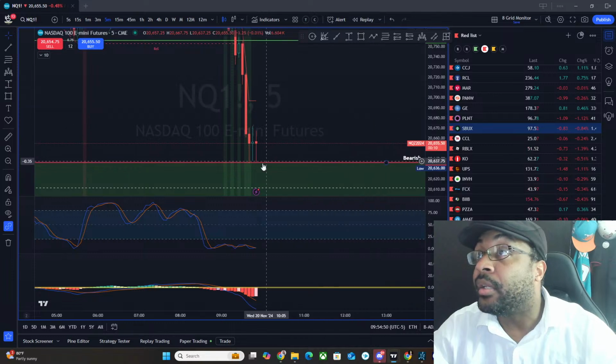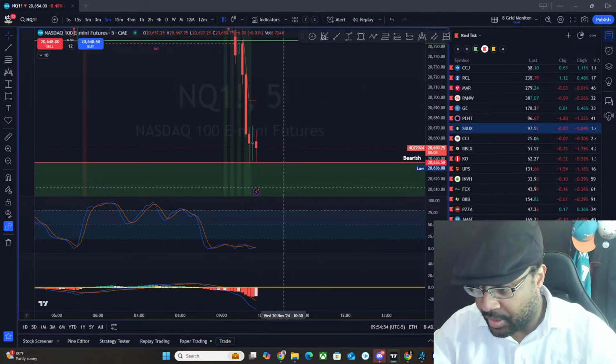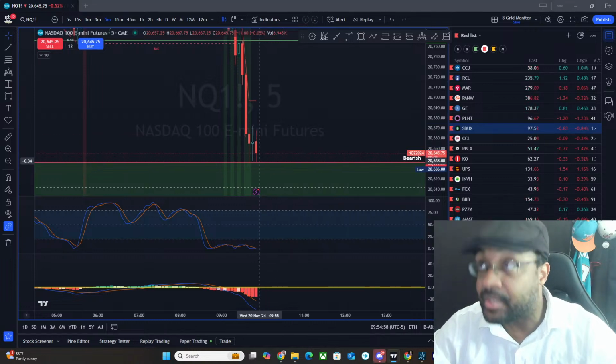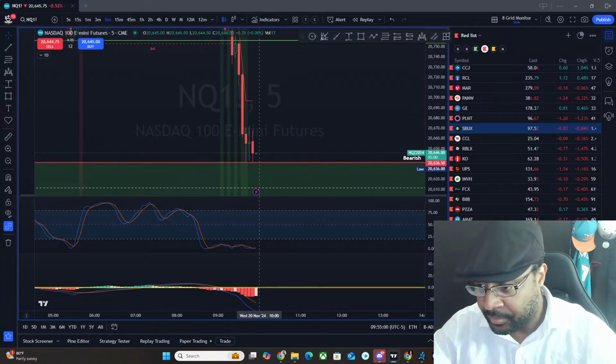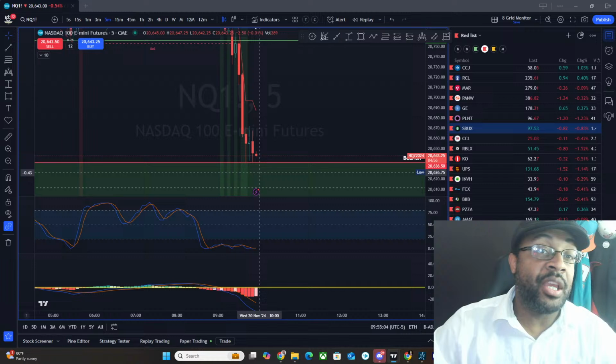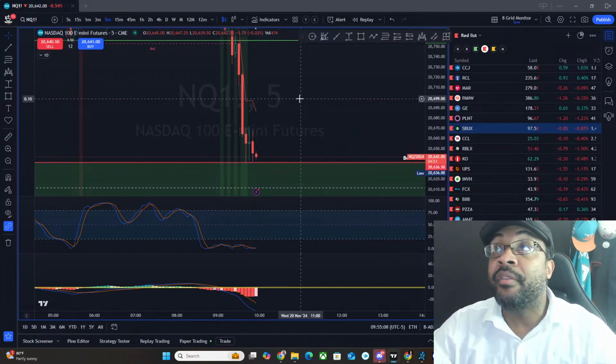So I'm kind of looking at this here as a possibility. Oh, took the stop. So I have my stop right there just in case. Looks like they took that out. But again, this was a quick little, maybe they're going to go ahead and go for this fair value gap.